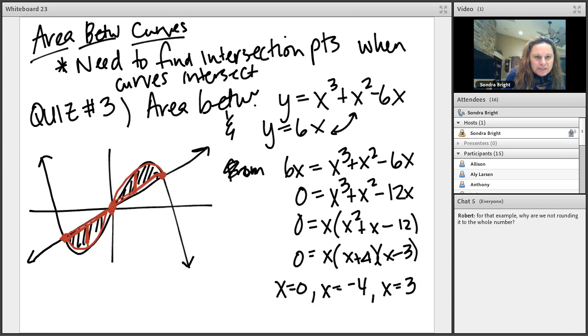You can plug those x's into either equation to get the point. This is negative 4 comma negative 24, plugging into the 6x one, which is the easier one. This point is 3 comma 18, and this point is 0, 0. Those are the three intersection points.